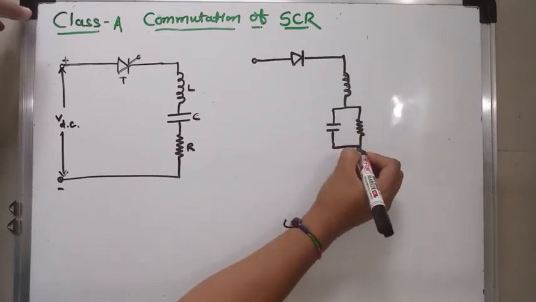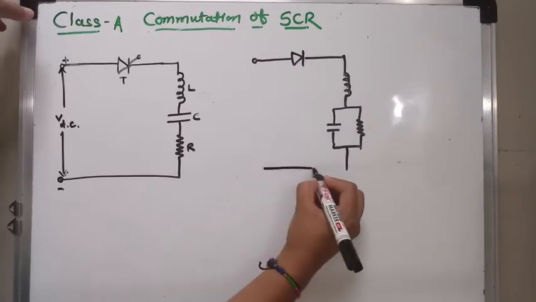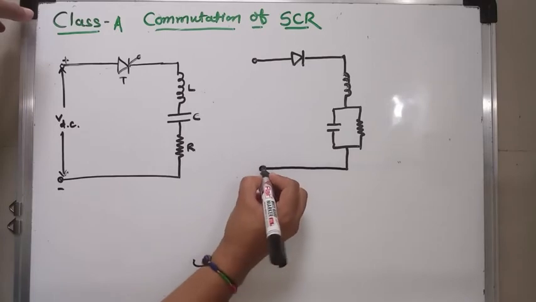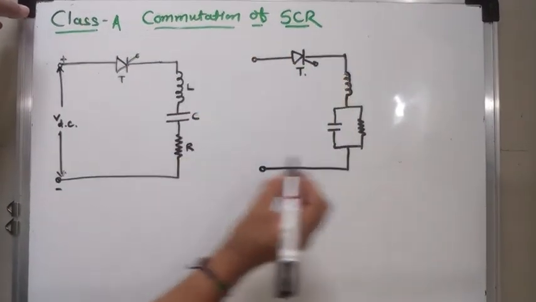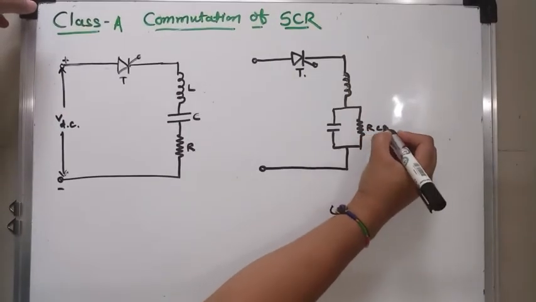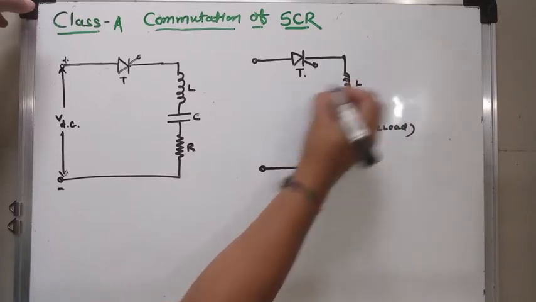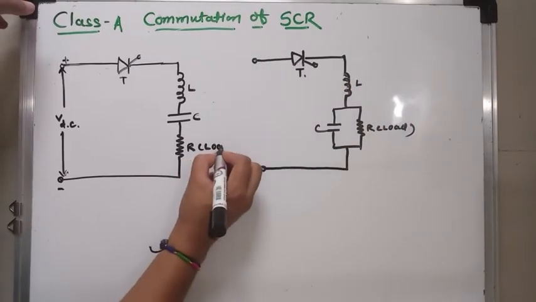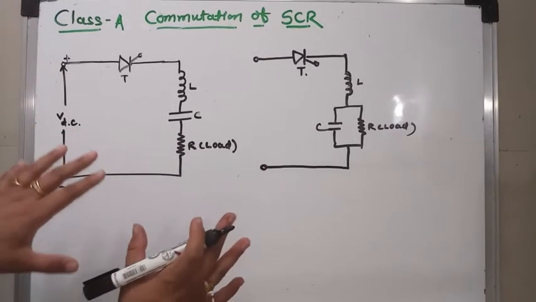That is the other way of connecting class A commutation. Here a thyristor T, R is the load, here C and L, and R is the load. So this is the diagram of the class A commutation.